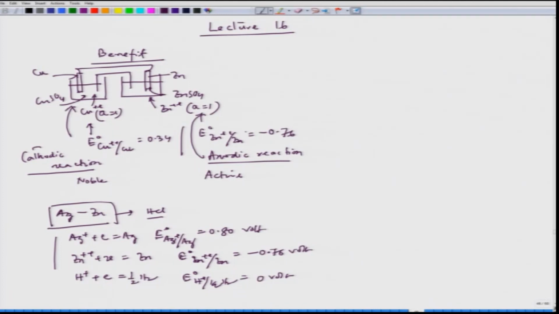From the standard reduction potentials we can make out that this one is lying in between. So, I can have this reaction and this reaction. We can have H2 evolution and zinc dissolution.